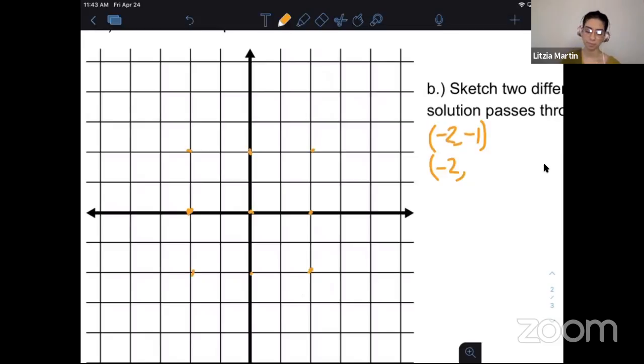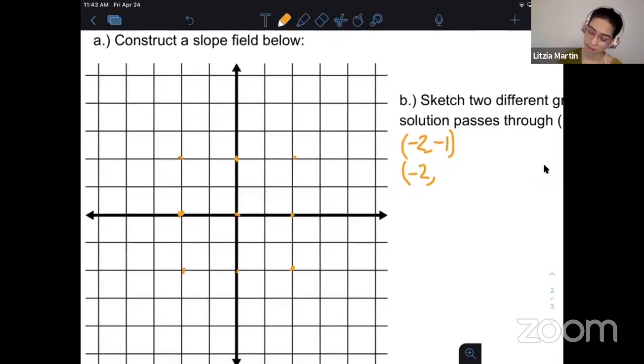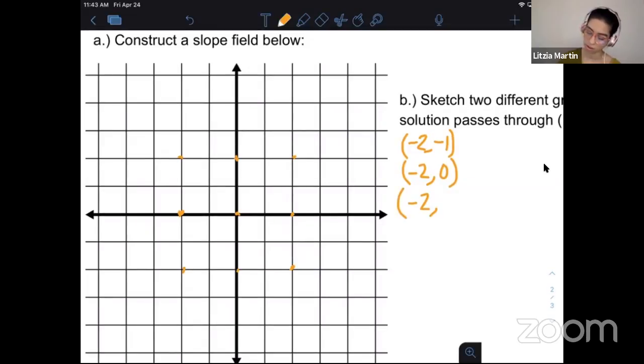Okay. So -2, -1, -2, 0, -2, 1, -2, 2. Oh, I skipped -2, -2. Okay. So those are all the points with the same x value.